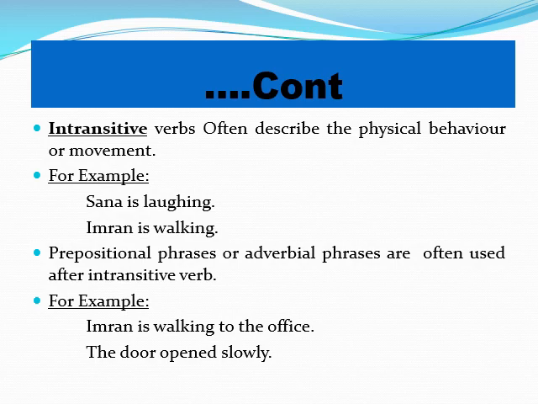So again, this is not a direct object because we can ask this question: the door opened what? No answer. The door opened whom? Again, no answer. So the verb is intransitive. We often use prepositional phrases and adverbial phrases with intransitive verbs simply to give us more information about the action.